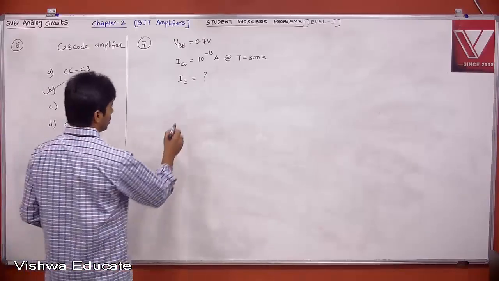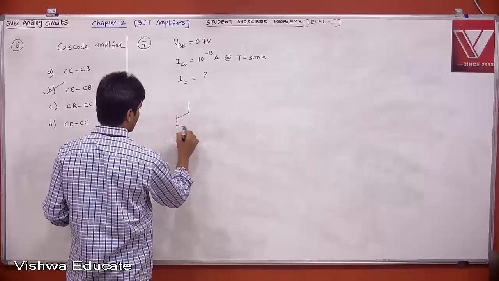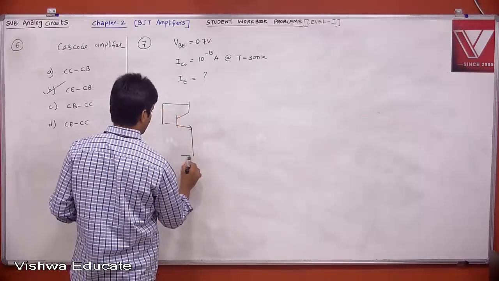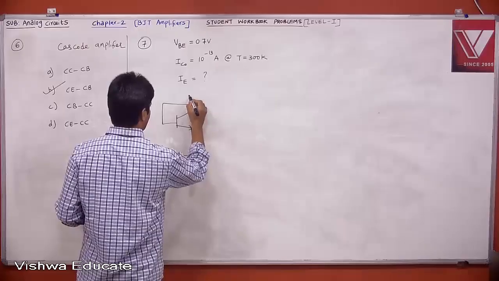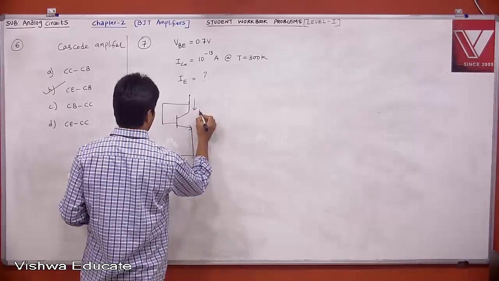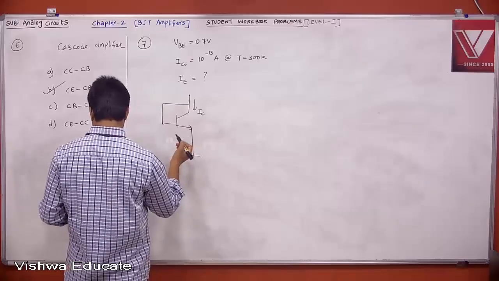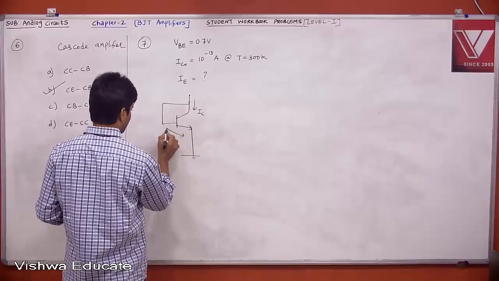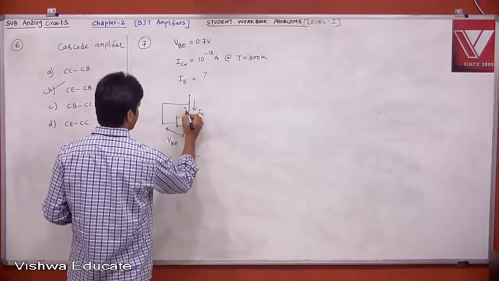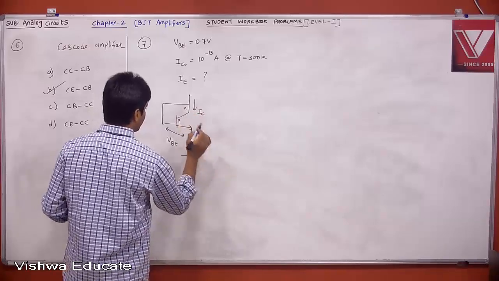Okay, circuit is this. This is what is our VBE. If you observe clearly, this is nothing but NPN transistor.